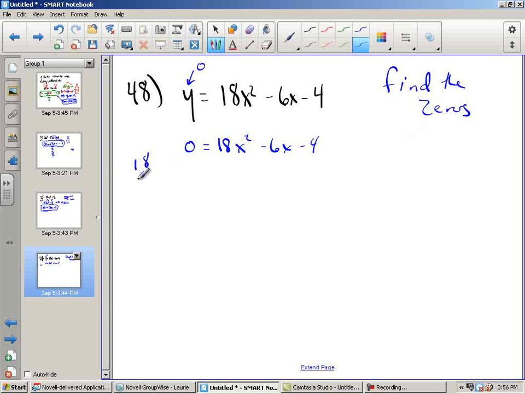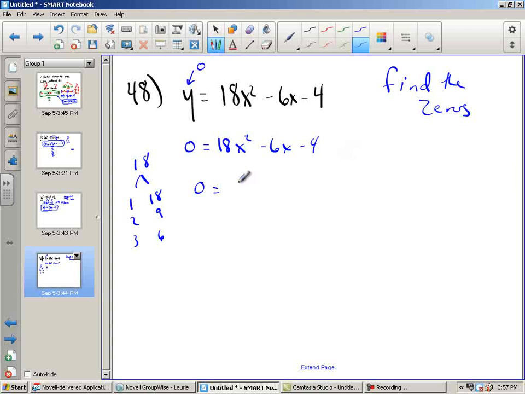Because if we think about 18, it has factors of 1 and 18, 2 and 9, 3 and 6. And I think that that's it. But that's 6 choices. And there could be quite a few. And with the 4 having a few choices itself, this could take a while.